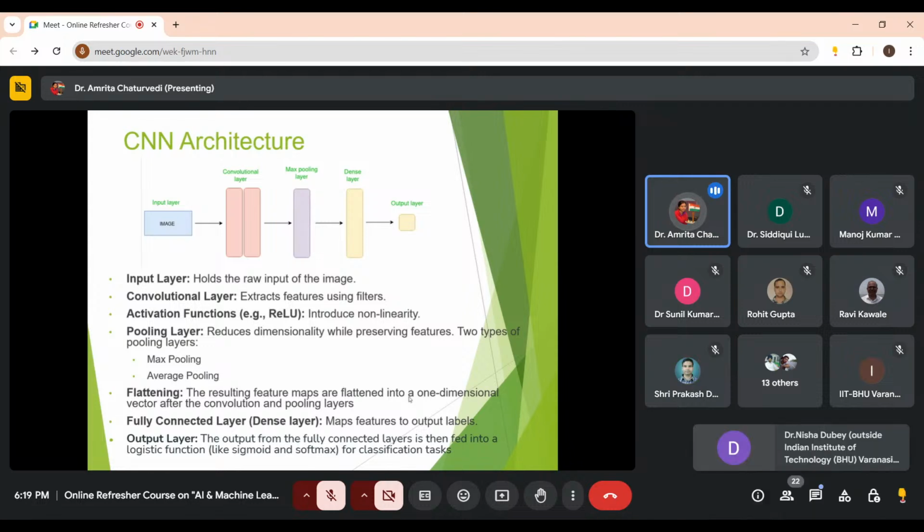So this layer simply holds the raw input data. Then this layer provides the input to the convolutional layer. Now this convolutional layer is responsible for extracting the features. It uses multiple filters. You can use any number of filters here to extract the features.